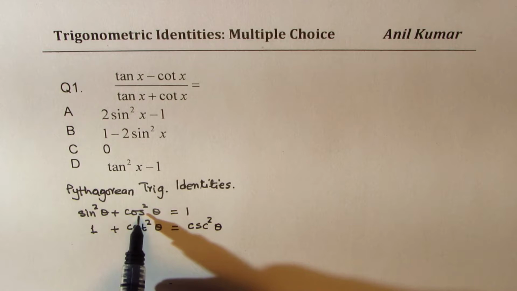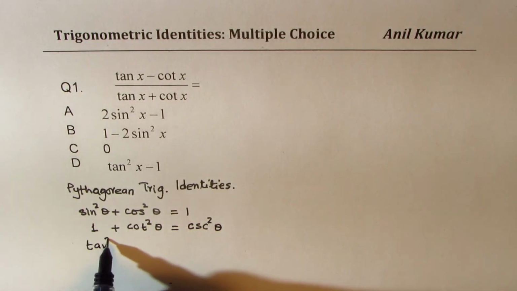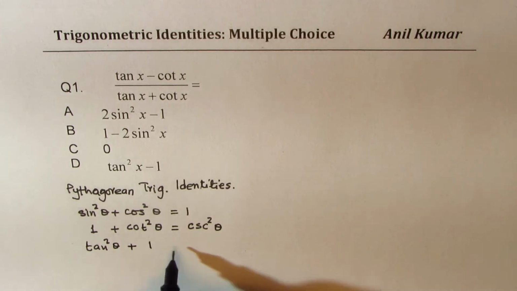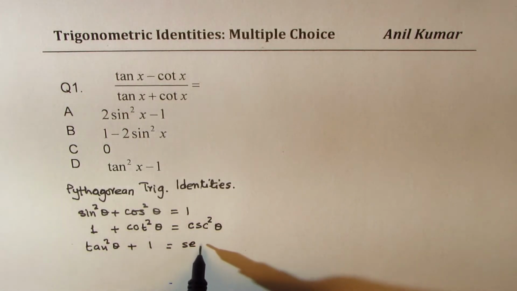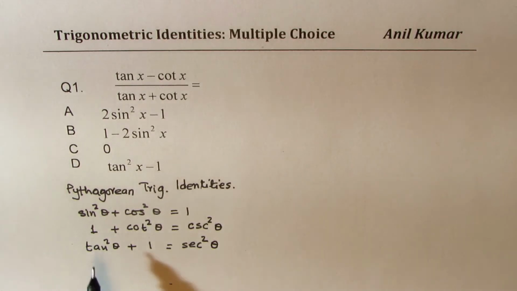And if I divide by cosine, then we get tan square theta plus 1 equals secant square theta. Correct? We'll see how these formulas can be interchanged and then solve some questions.